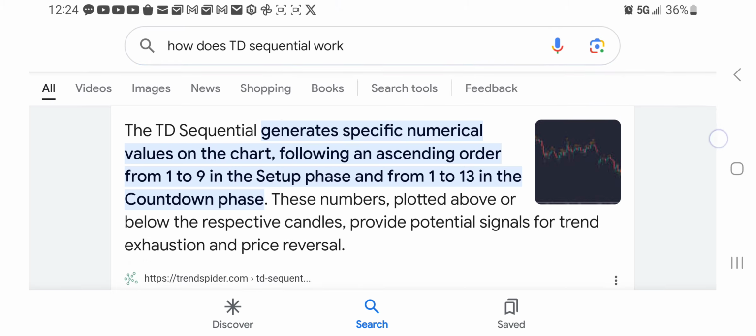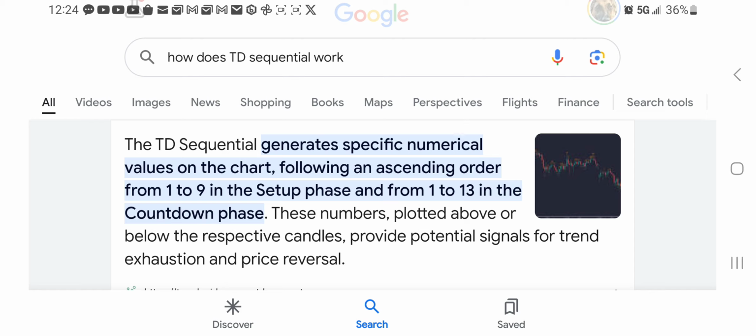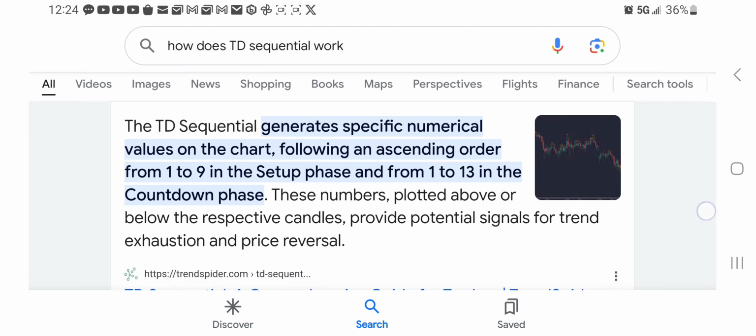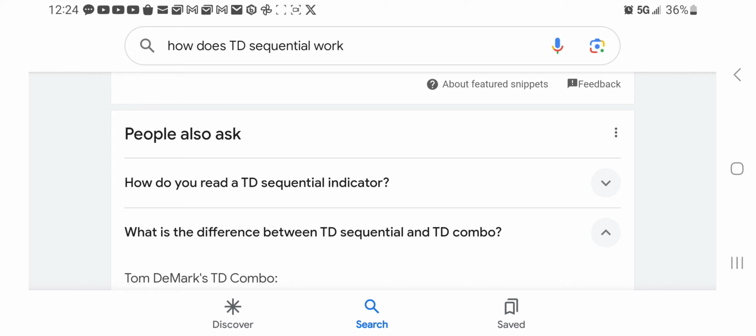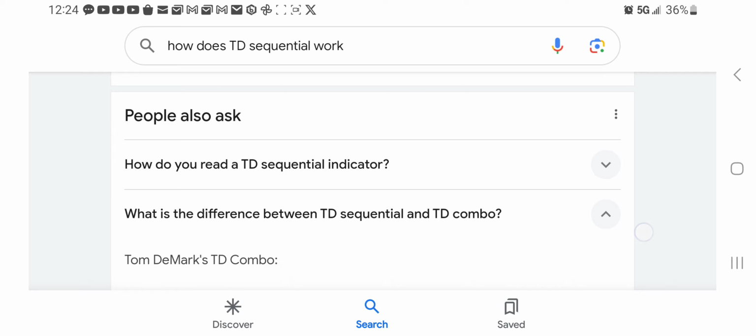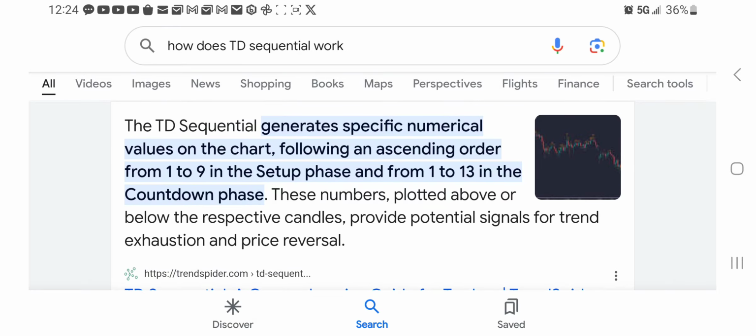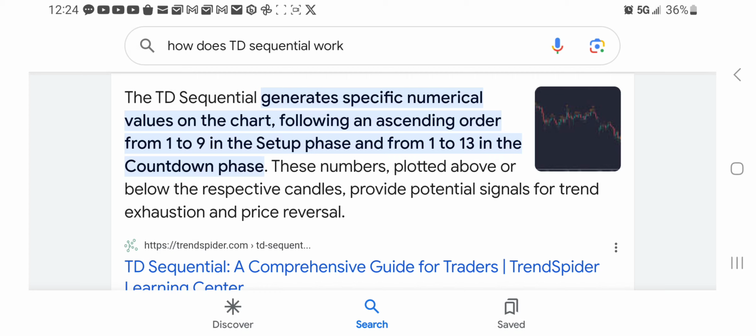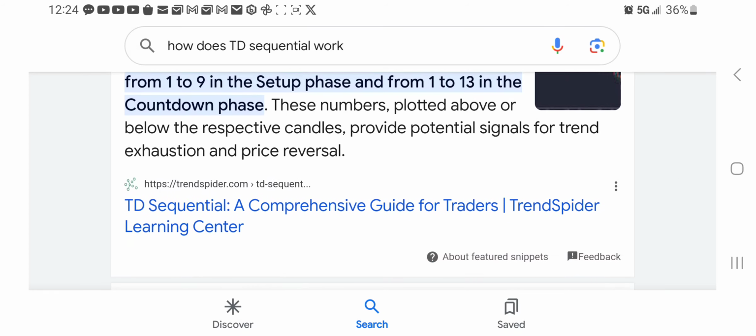According to TrendSpider, the TD sequential generates specific numerical values on the chart, following an ascending order from 1 to 9 in the setup phase and from 1 to 13 in the countdown phase. So there is TD sequential and then TD combo, right? I don't really use the combo, the 13 countdown phase.